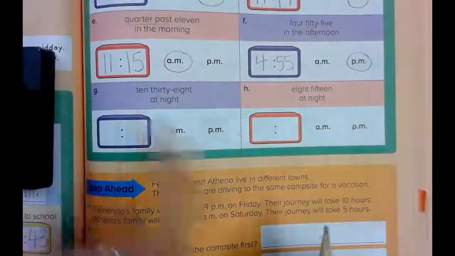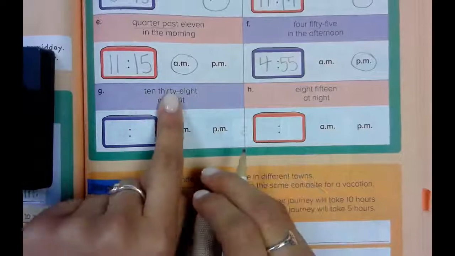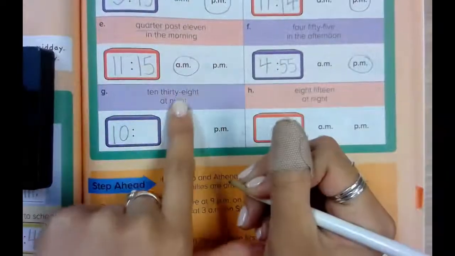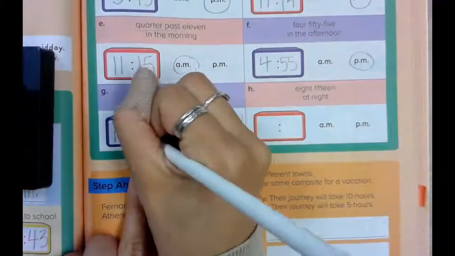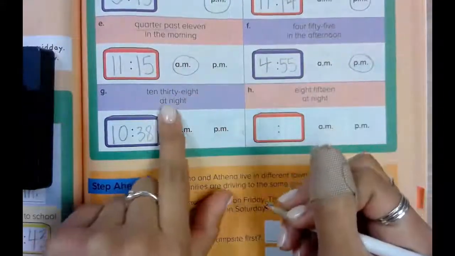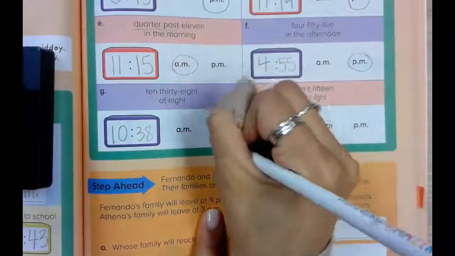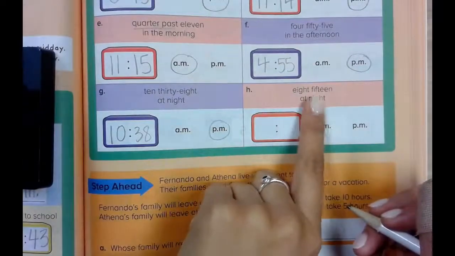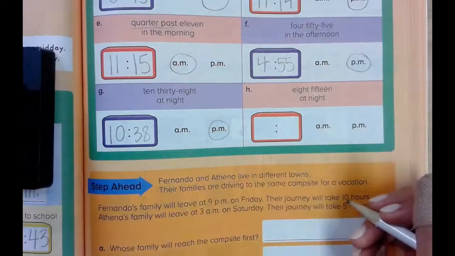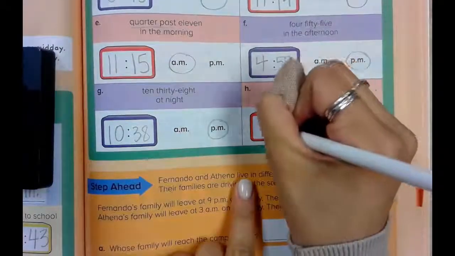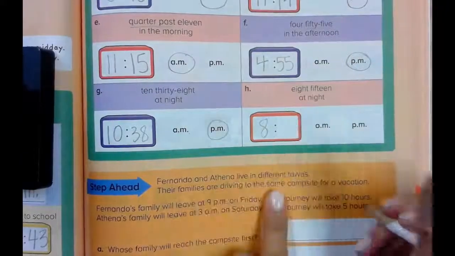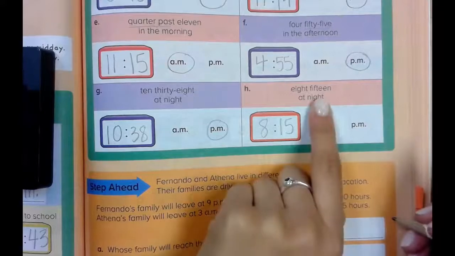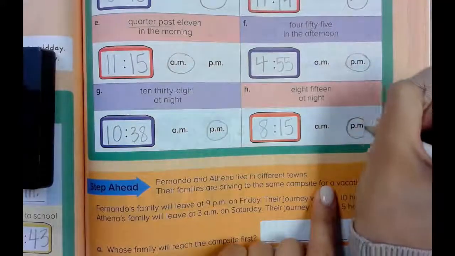Letter G, 10:38 at night. 10 tells me my hour. 38 tells me my minute. And I'm at night, so that tells me PM. H, 8:15 at night. 8 would be my hour. 15 would be my minutes. And it's at night, so we also have PM again.